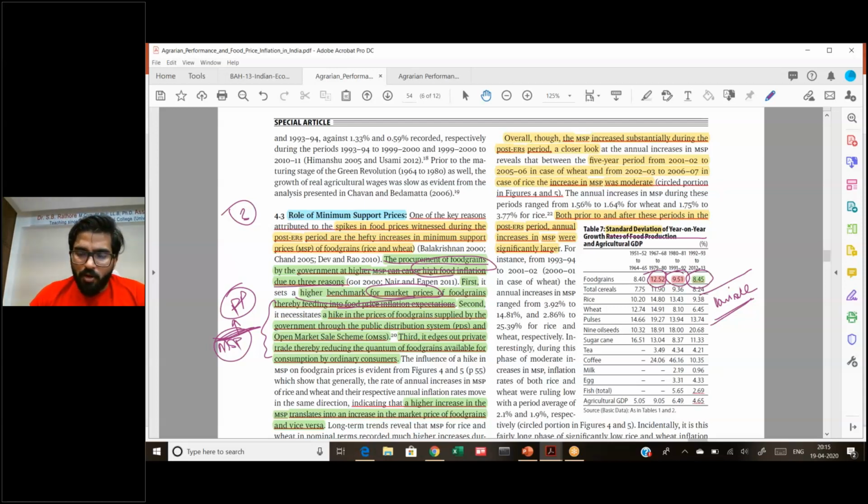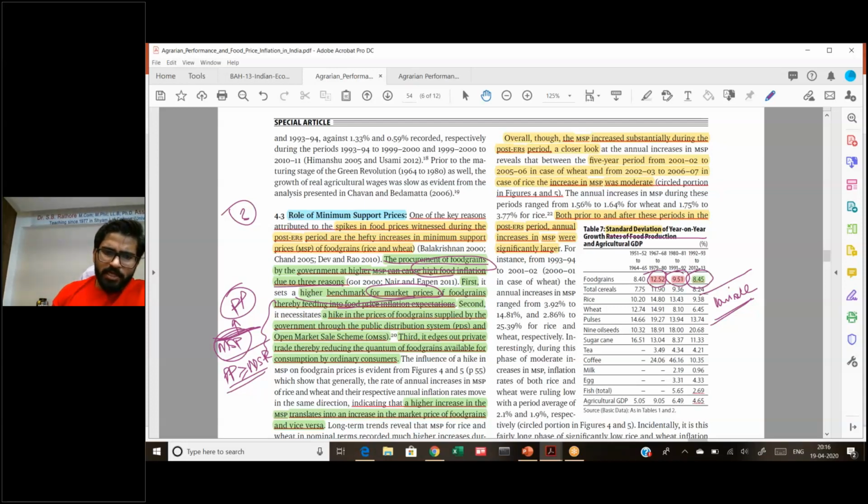So the government of the day needs to procure rice for PDS purposes, and it also needs to procure rice for open market sales. In future, if it wants to tame inflation, this is how it will tame it. So that means if the MSP is higher, then the procurement price will be at least equal to MSP, or will be higher. The procurement price being higher than the MSP will again lead to inflationary expectations and inflation in the economy.